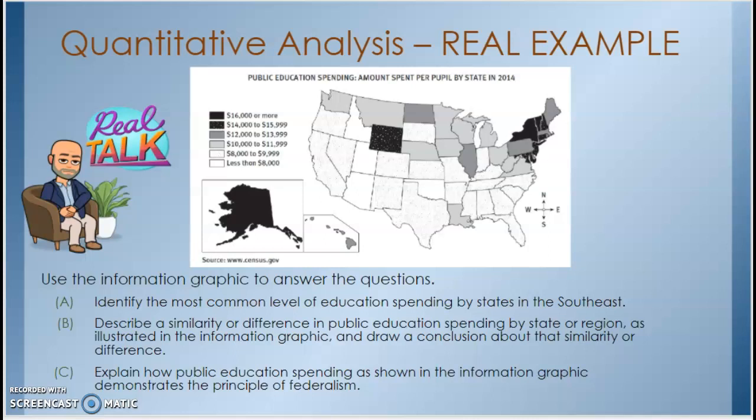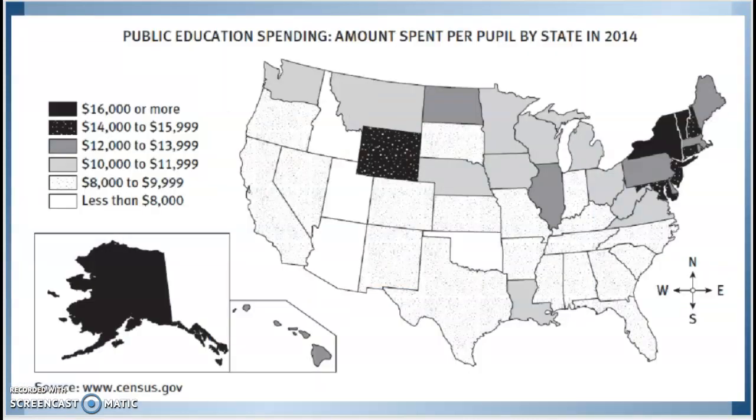So there's 2 points. And C, explain how public education spending, as shown in the information graphic, demonstrates the principle of federalism. See, now they've pulled in a concept from outside of the map, and they're asking you to connect the data you're seeing in the map to the concept that you already know about. Make that connection, explain. There's your map if you want to look at it a little more closely.